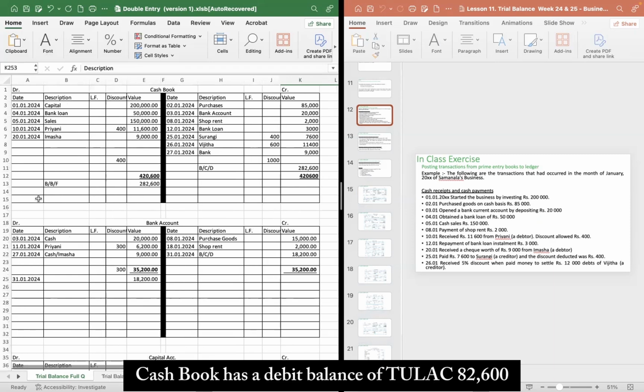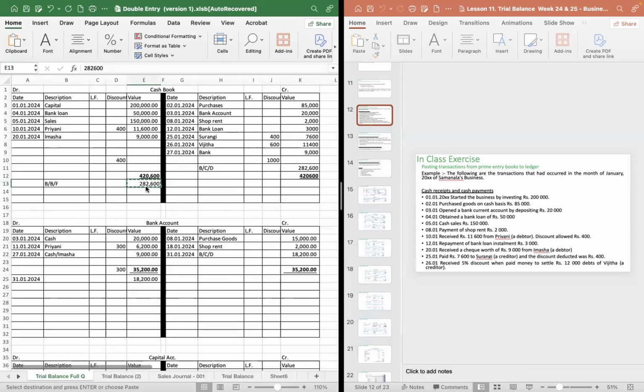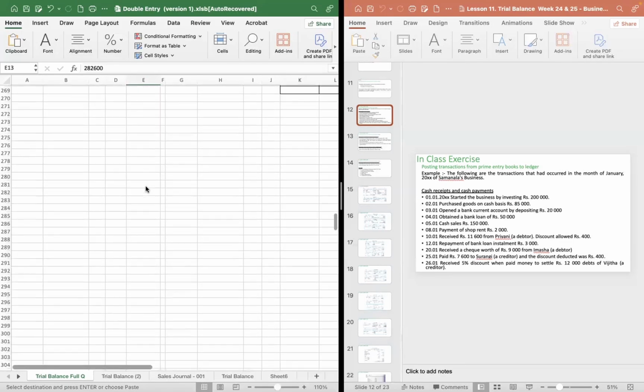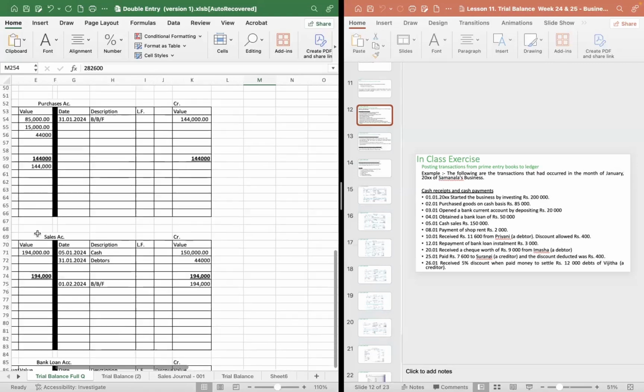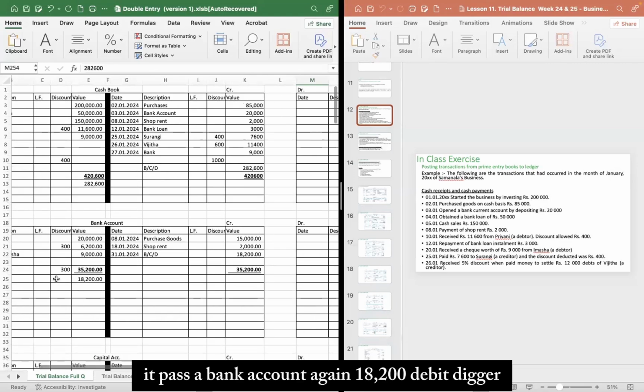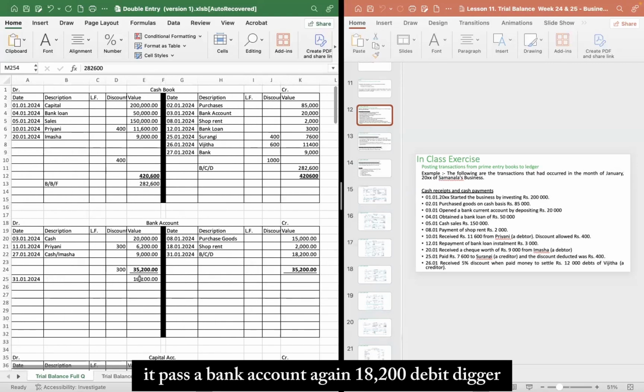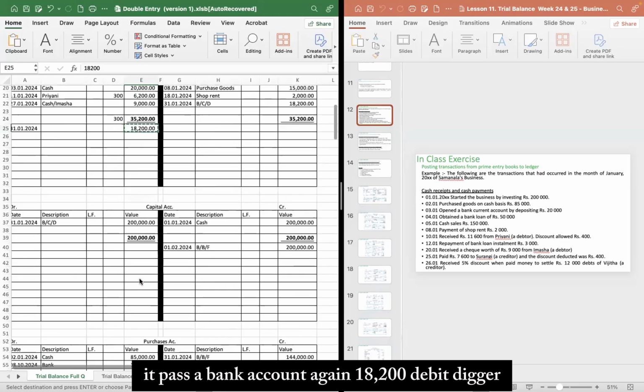Cash book has a debit balance of 2,82,600. Right. ඊට පස්සේ bank account එකේ තියෙනවා 18,200 debit එක.